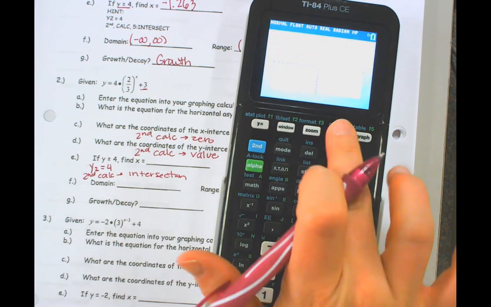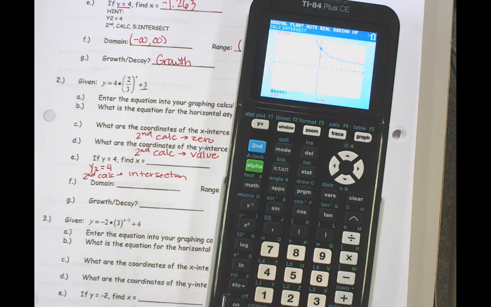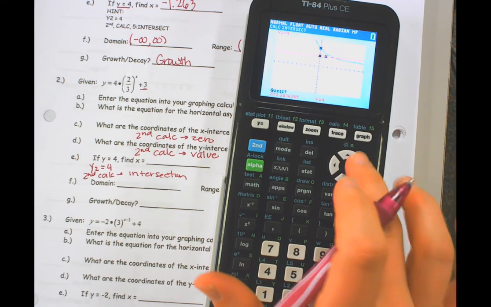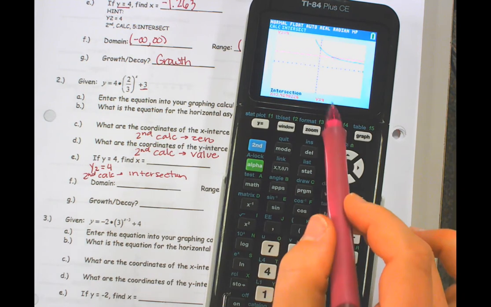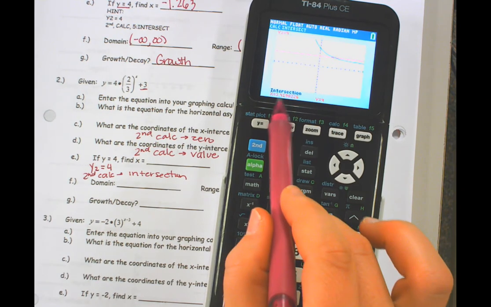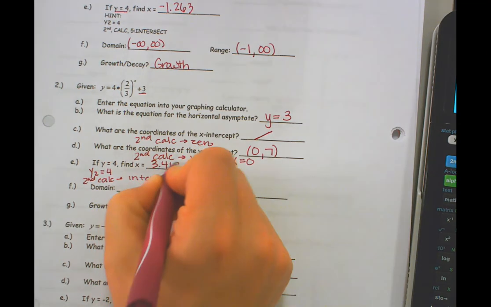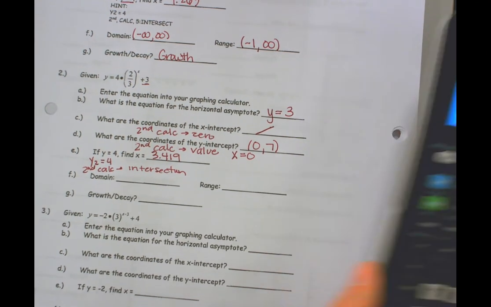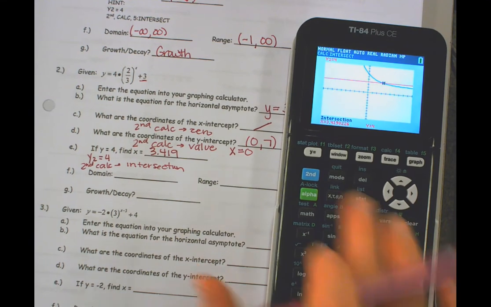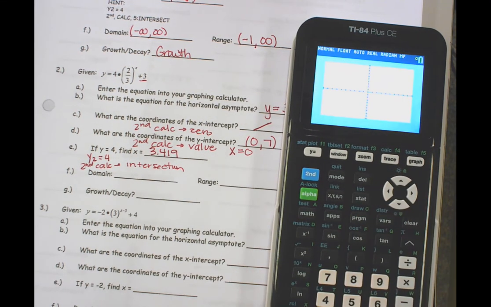So second calc intersect, first curve, second curve, and then we've got to get as close to that intersection as possible. So when y was 4, x was 3.419. Good, so then again, the rest of this, we can use the picture to help us, but we don't need the picture to help us. But it's always helpful if we look.